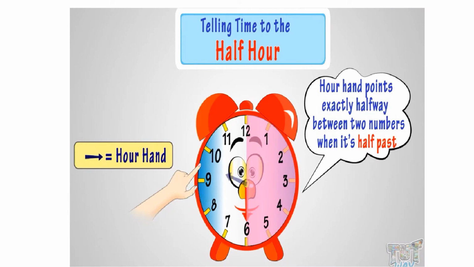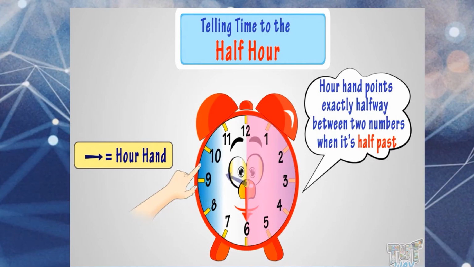What does half past mean? Yes, Jenna. Half past means the hour hand points exactly halfway between two numbers. Exactly, that's correct, Jenna. Our hour hand points exactly halfway between two numbers when it is half past.